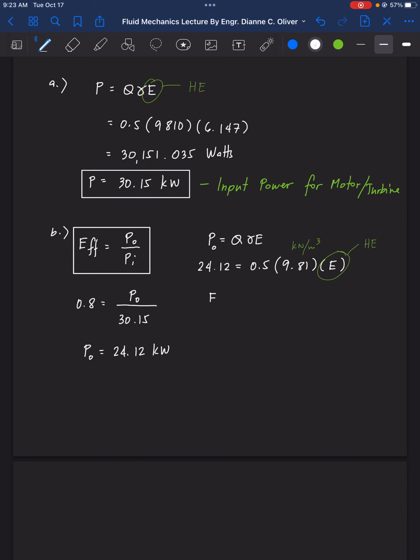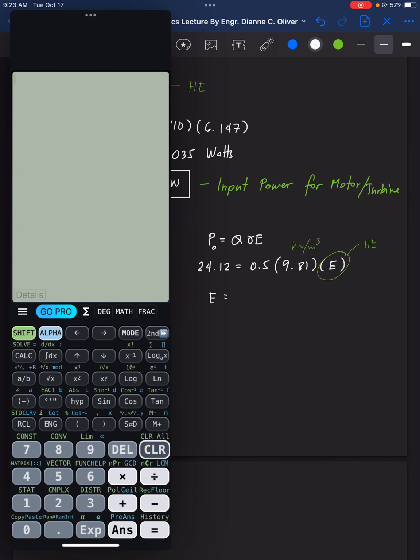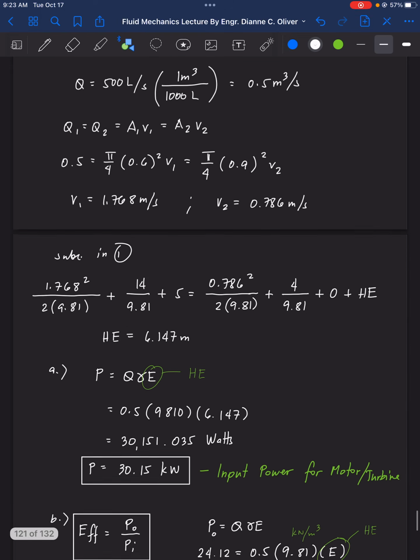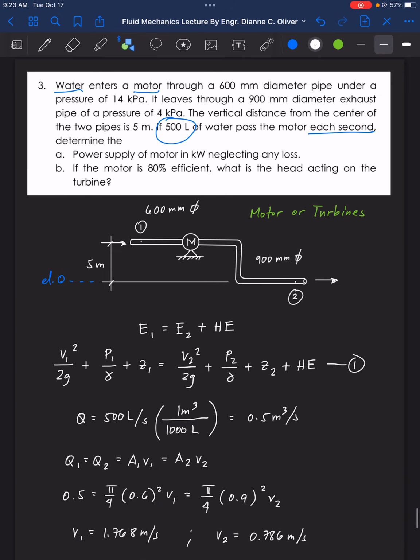So what is our E? 24.12 divided by 0.5 times 9.81. So 4.92 meters. So that's what it's asking for, the head acting on the turbine. So that's for number 3.